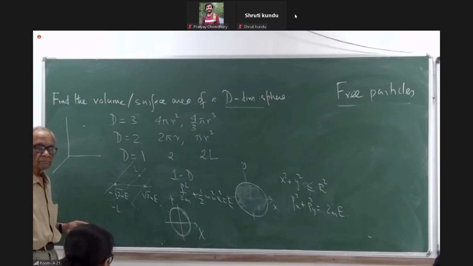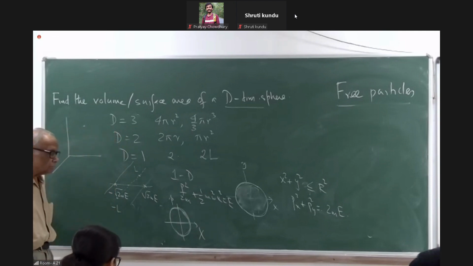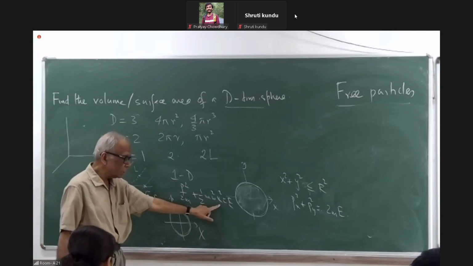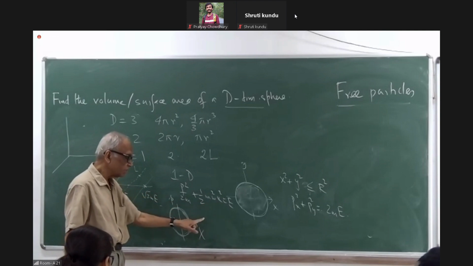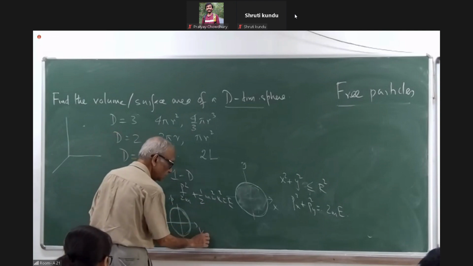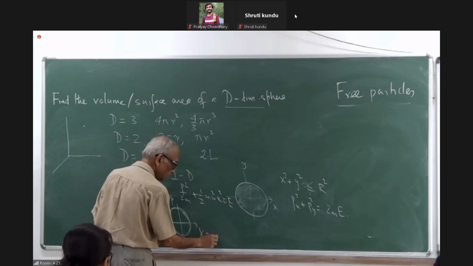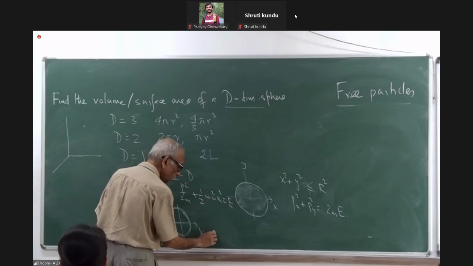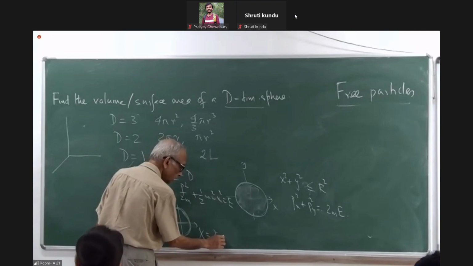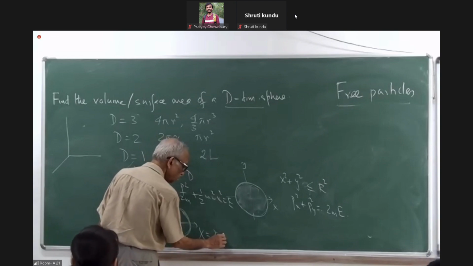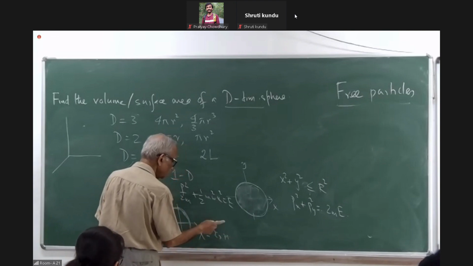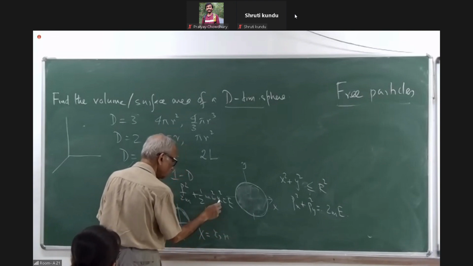It would be an ellipse. Ellipse, but instead of using the small x, which would give an ellipse, I use a capital X, which is defined as small x times m omega.